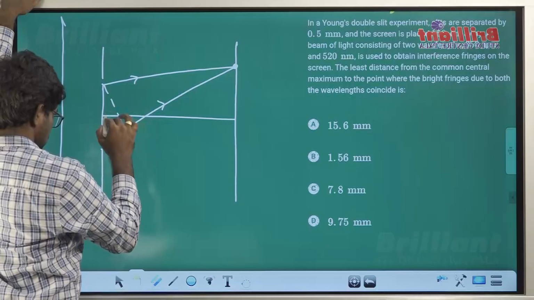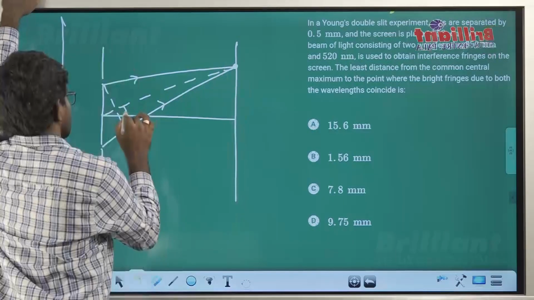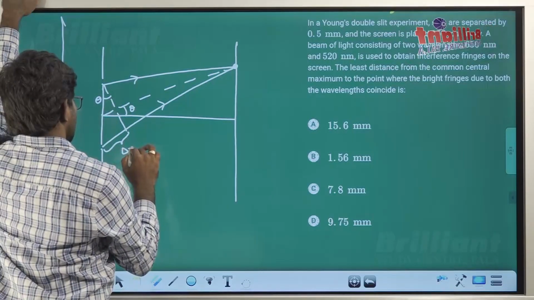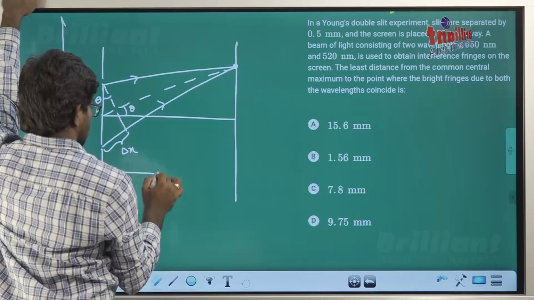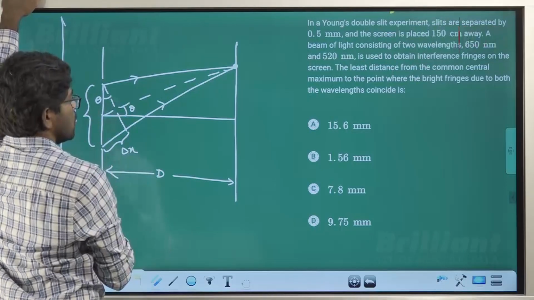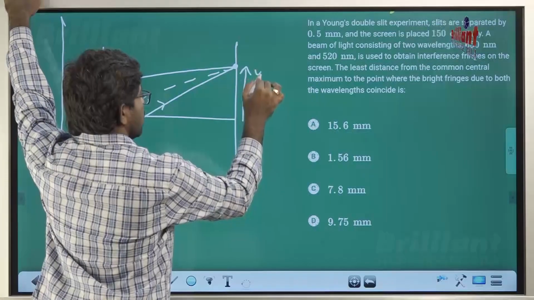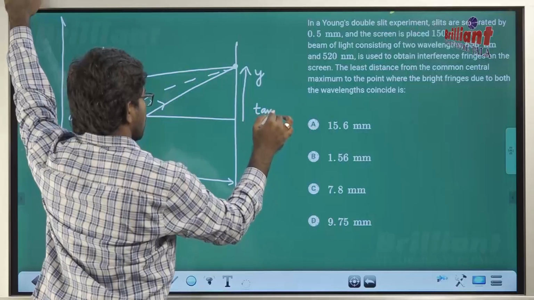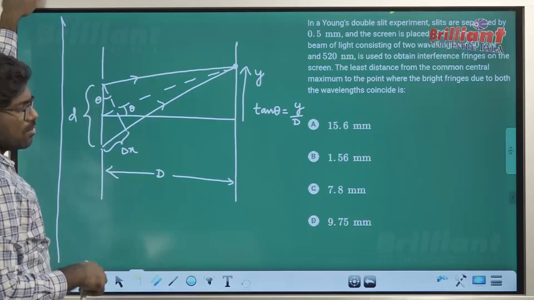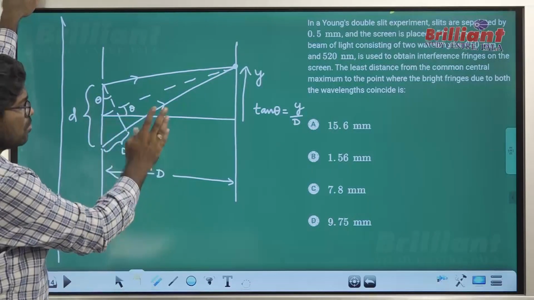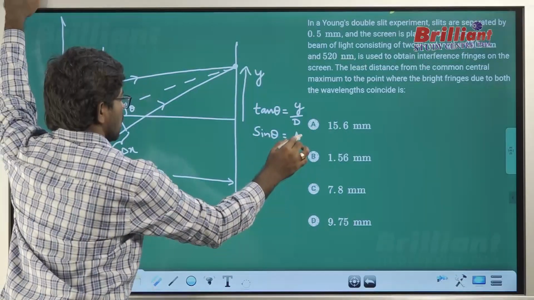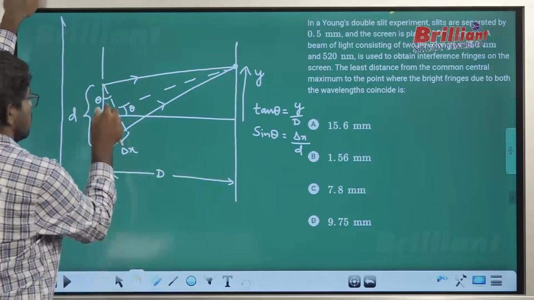I think everybody knows the basic thing about this is theta, then this is theta, the path difference delta x, this is capital D, this is small d, and somewhere it is y. Always just remember these formulas here, y by D. Always remember this diagram, this setup, and these two formulas here: tan theta equals y by D, sin theta equals delta x by d here in this triangle.